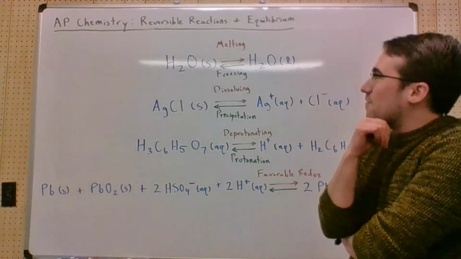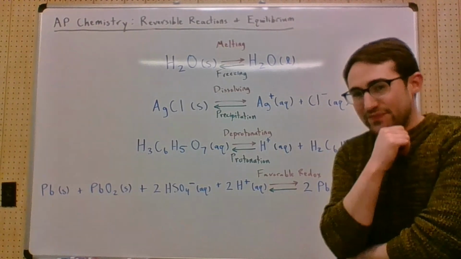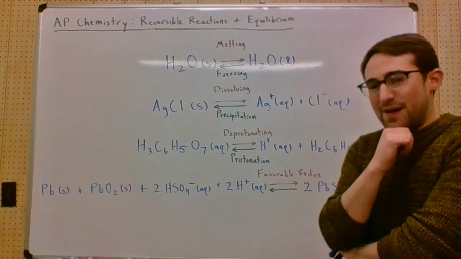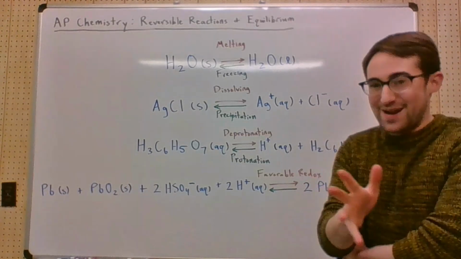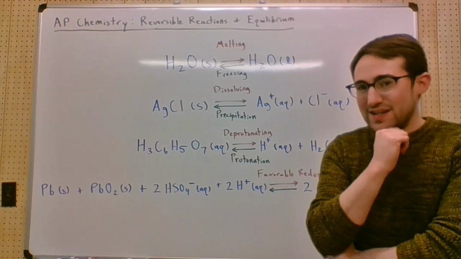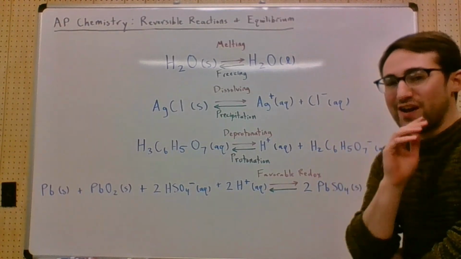Now, what makes it an equilibrium is when we can't tell that the reaction is happening. And I'm not just talking about looking at it and being like, oh, I can see the change, or I can't see the change. Even down to the atomic level, when we measure concentrations.